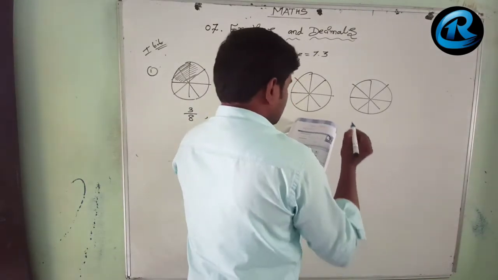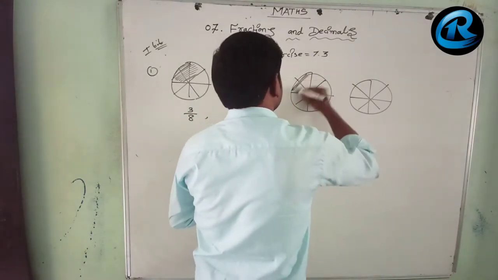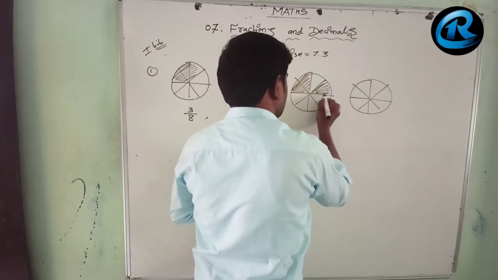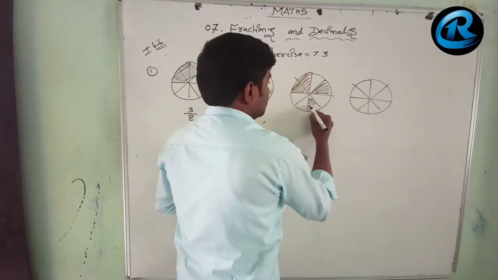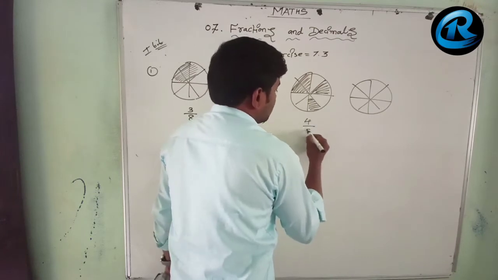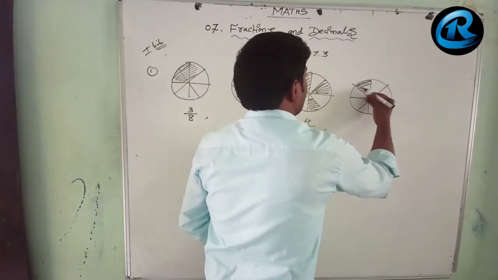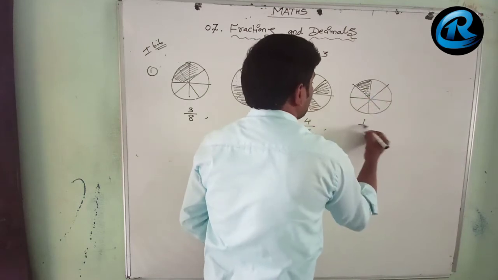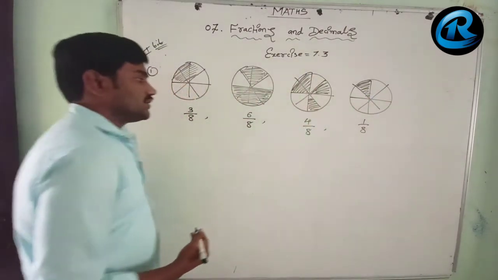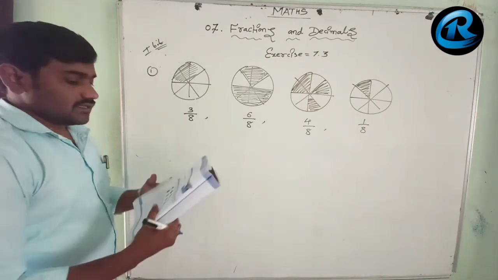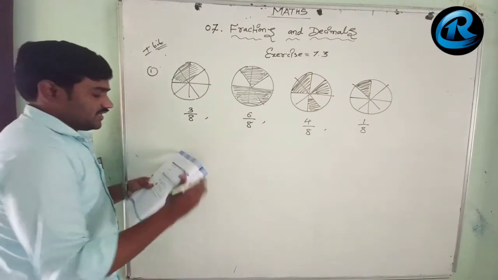Next we have shaded 4 parts, that is 4 by 8. And next they have shaded only 1 part out of 8, 1 by 8. Now let us write these fractions in ascending order.